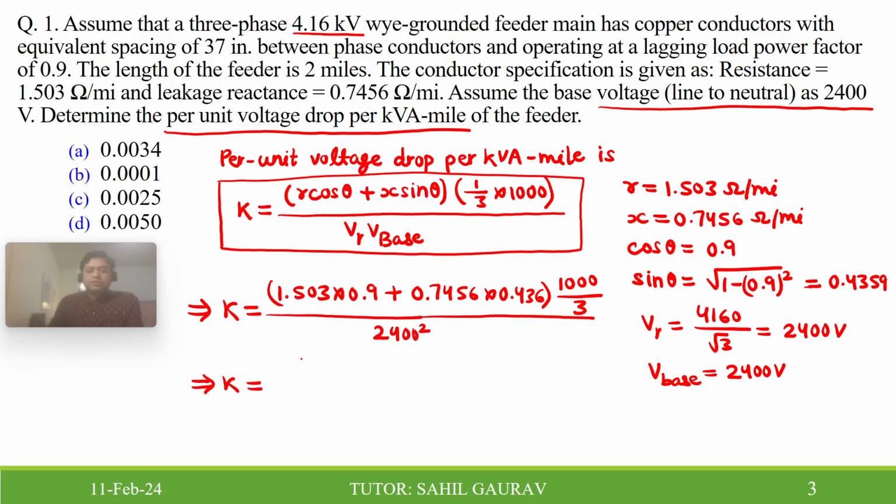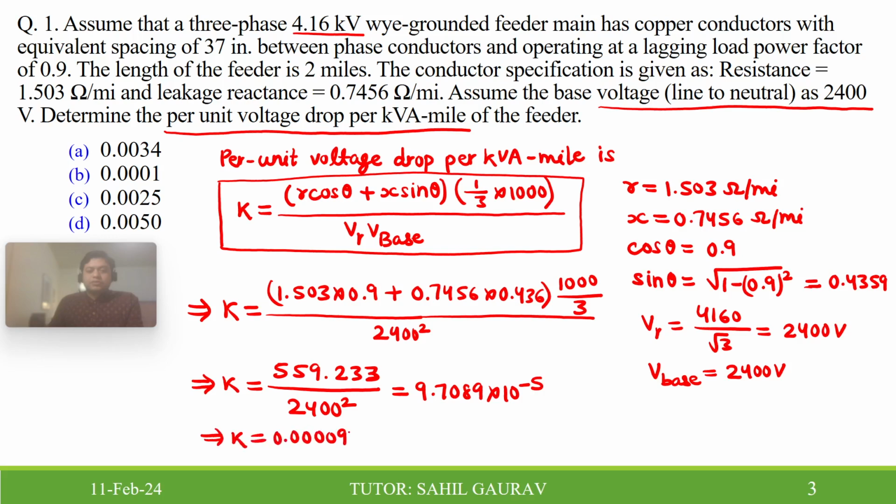On simplification it comes as 559.233 divided by 2400 whole square. So it is coming as 9.7089 into 10 to the power minus 5. So it is coming as 0.00097, approximately 0.0001.